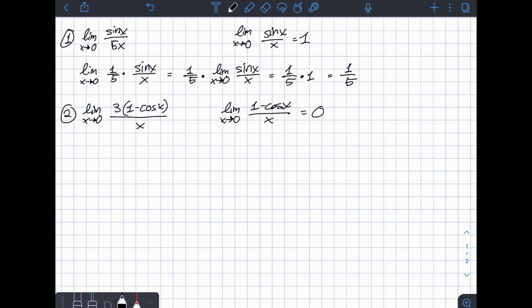So again, some algebraic manipulation and properties of limits. Just skip this first step here and write it out. So we have 3 times the limit as x approaches 0 of 1 minus cosine x over x, which is equal to 3 times 0, which is equal to 0.